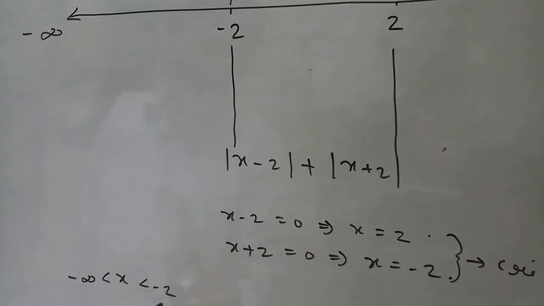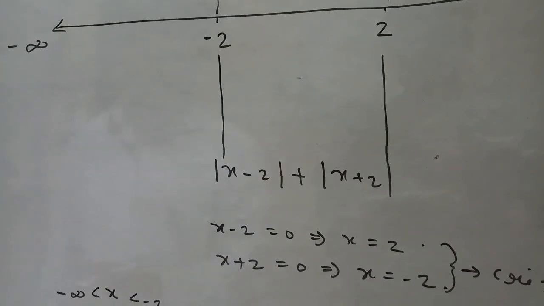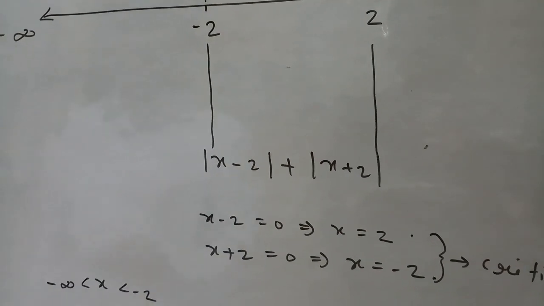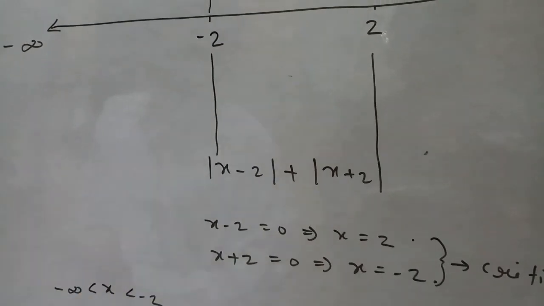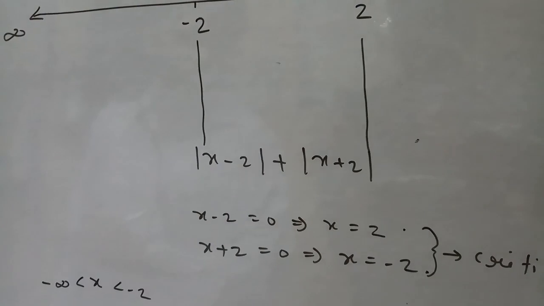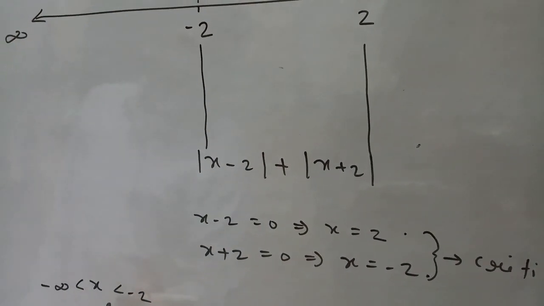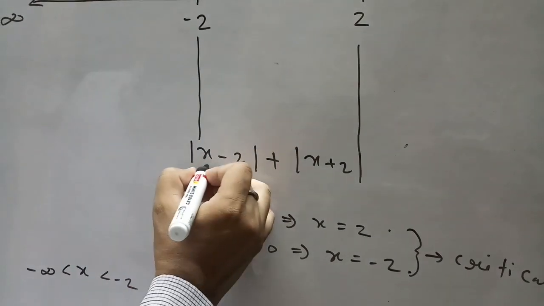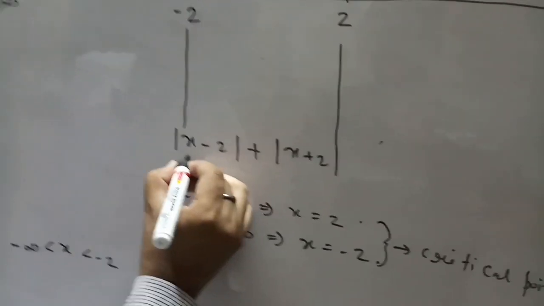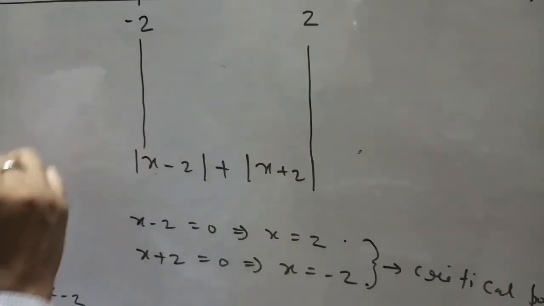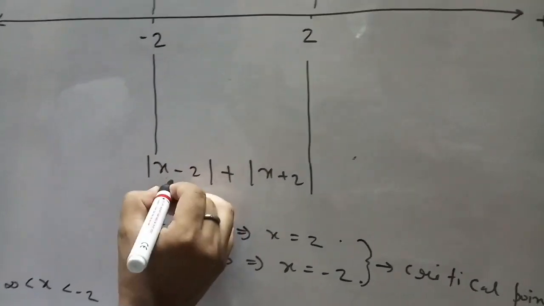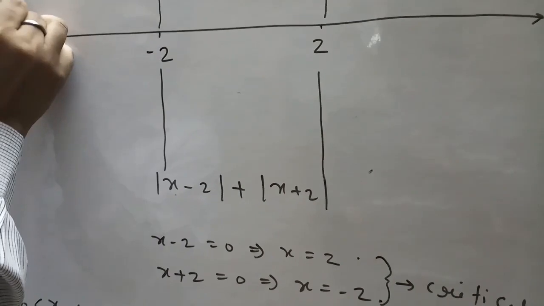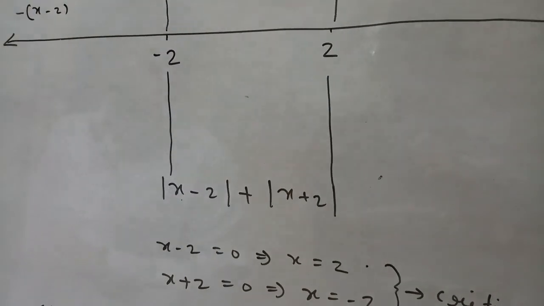When x is less than minus 2, for example x equal to minus 3, then x minus 2 is minus 3 minus 2, that is minus 5, which is negative. So this will be minus of x minus 2.